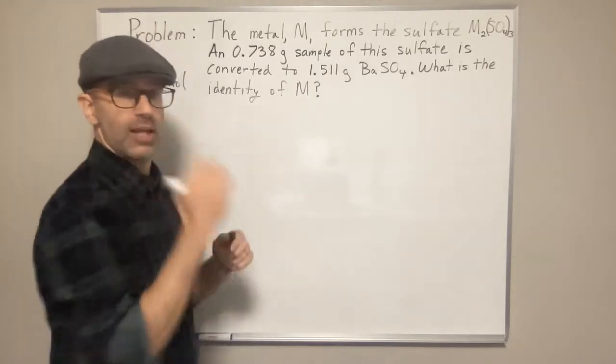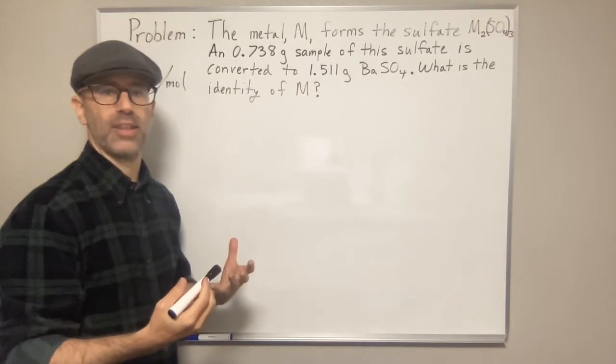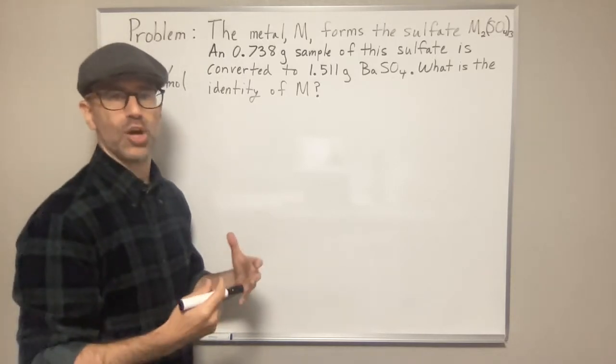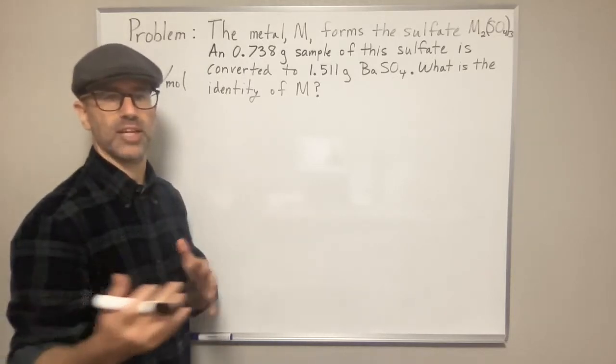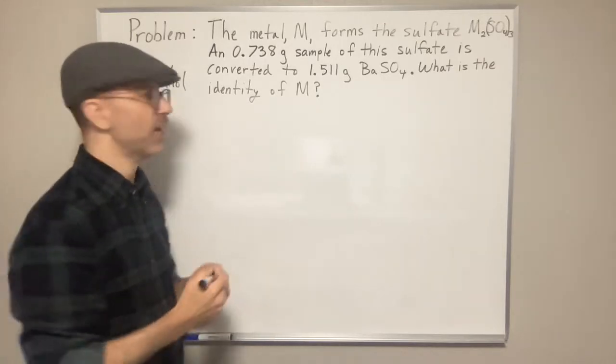So remember the conversion highway that I've talked about many times. When you're going from one thing to a different thing, you need to go through the chemistry conversion highway.